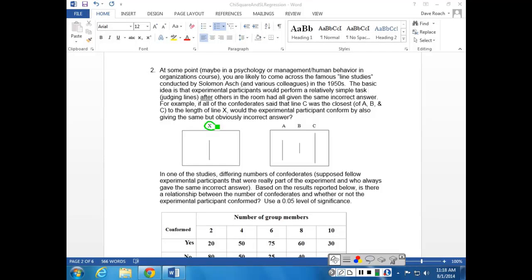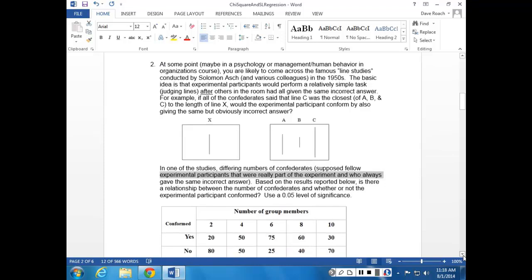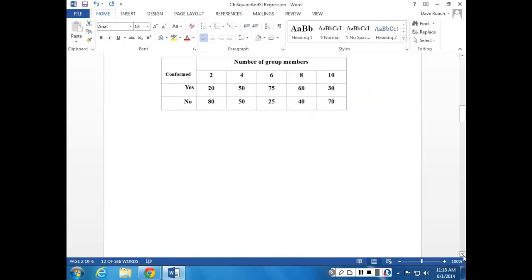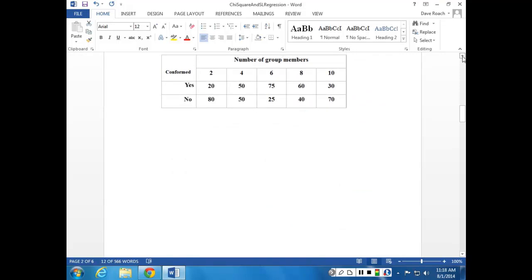Let me go a little further down here. So what he did was, let's see, that we're in that number of, where you had 8 people in a group. He would have these people in a group.